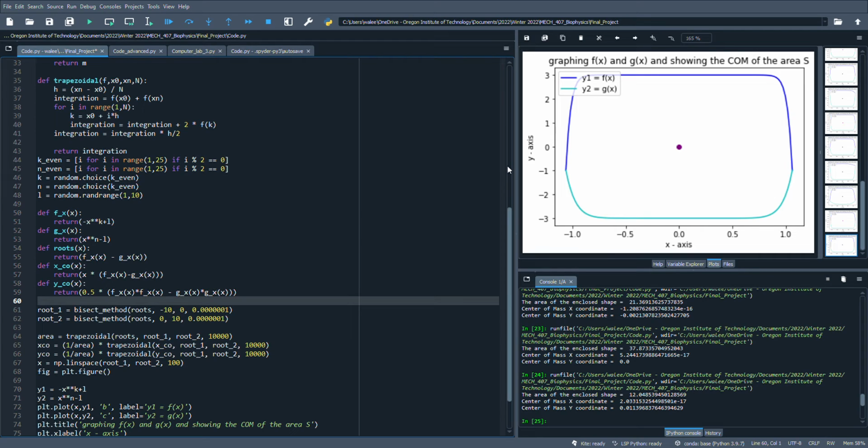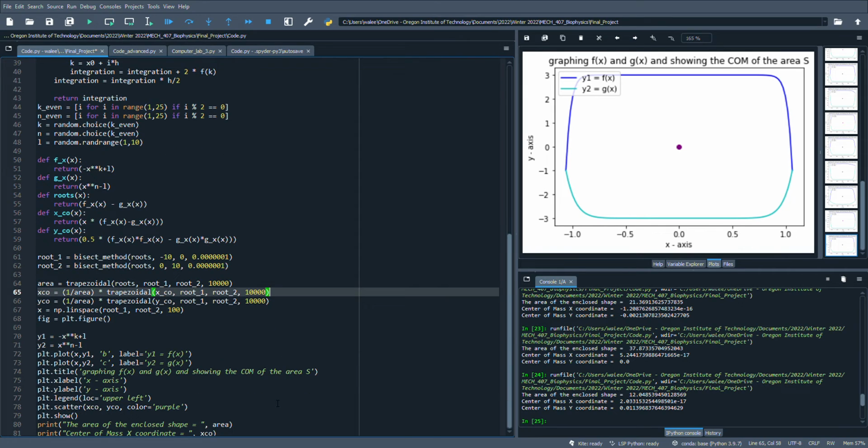And the more trapezoids you make, the more precise you get. I used 10,000 trapezoids here. I thought it would be enough.